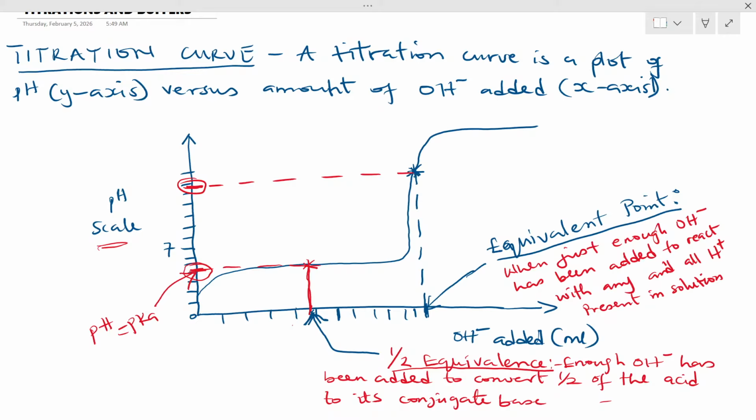We have established that OH is added to the weak acid, and the OH rips off what? The hydrogen ion of the weak acid, to a point where half the concentration of the weak acid is equal to half the concentration of the conjugate base. And we said at that point pH is equal to pKa.